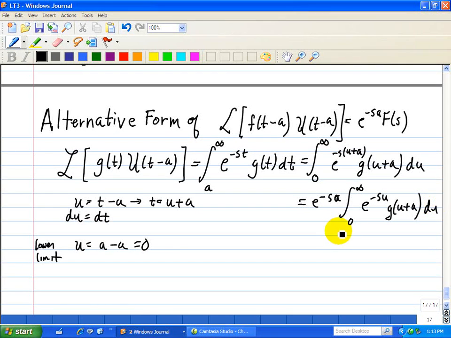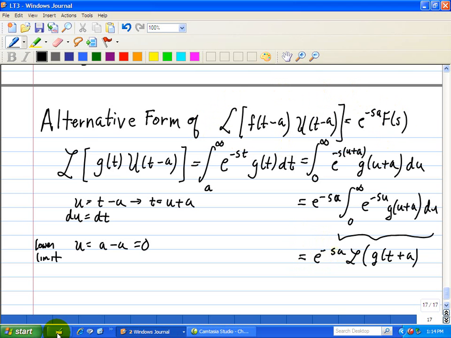But this part right here is just the Laplace transform of g of t plus a, multiplied by e to the minus sa. Alright, so that's our alternative form for this Laplace transform. So these are equivalent in that respect.